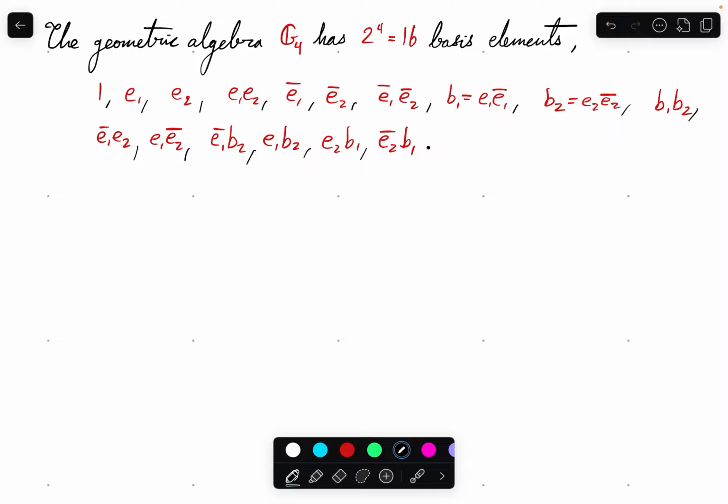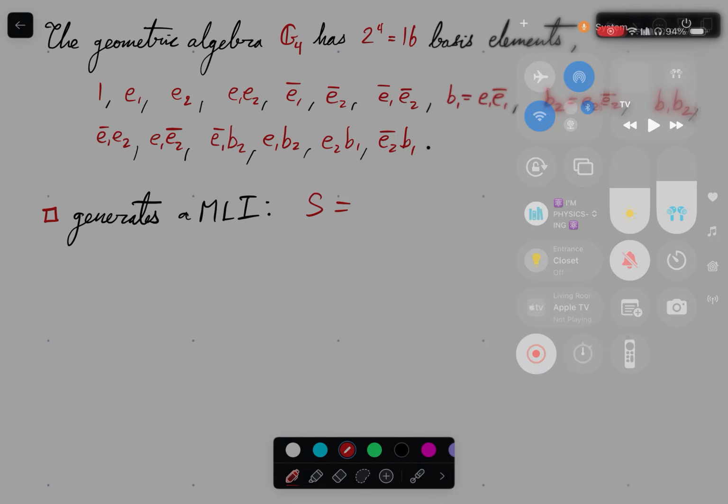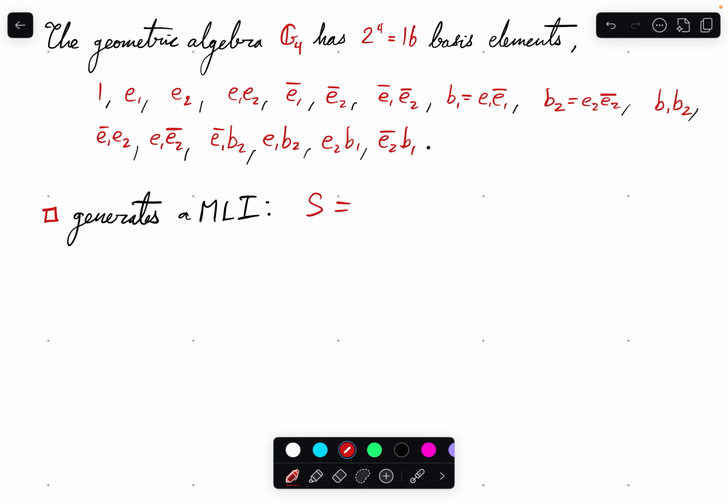Another way to say this is that the box generates a minimal left ideal, and we call this minimal left ideal S. It's G box such that G is an element of G4, so this G here is a multivector.